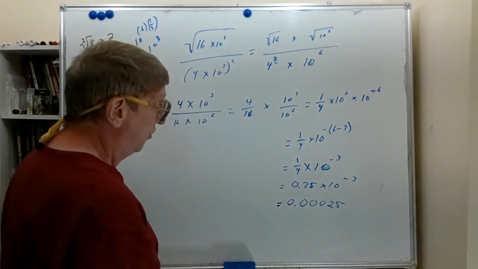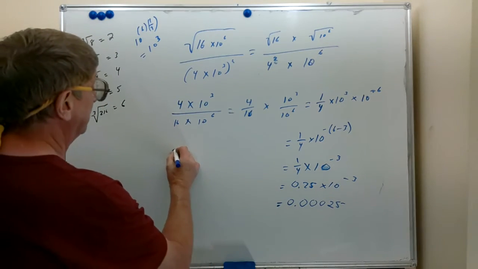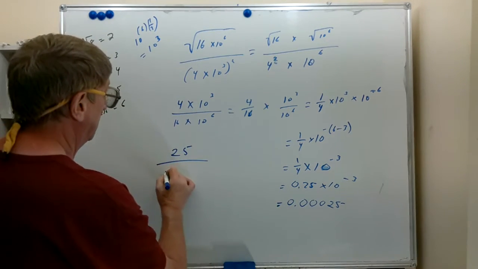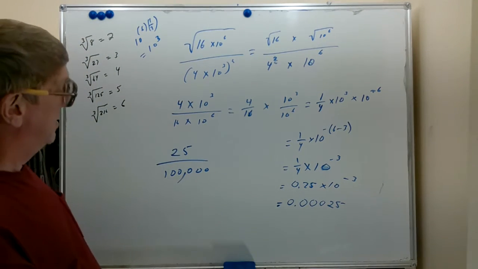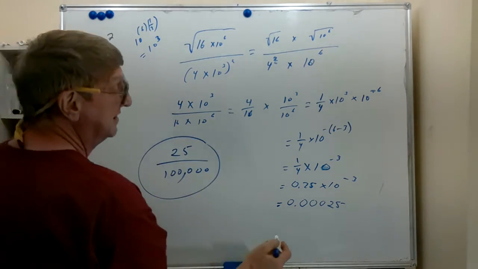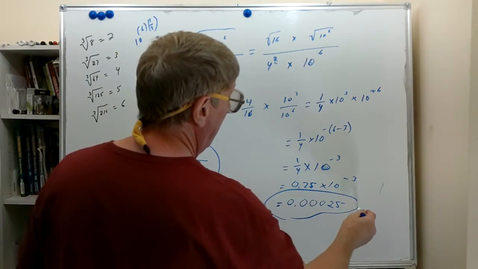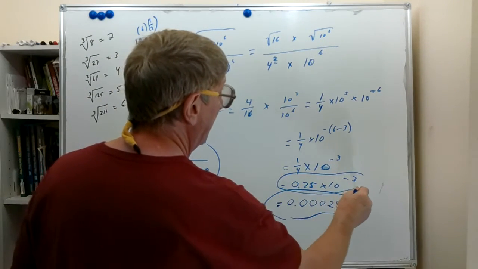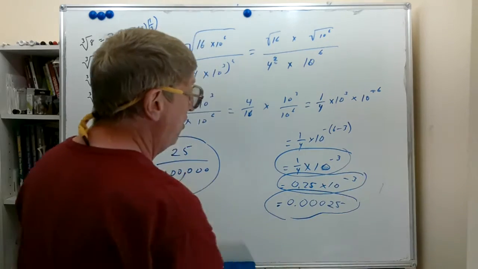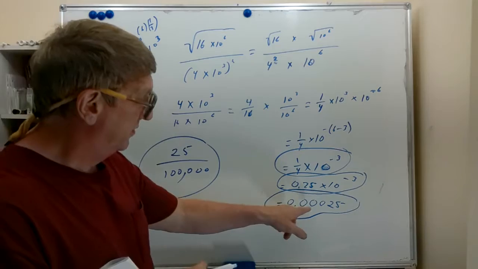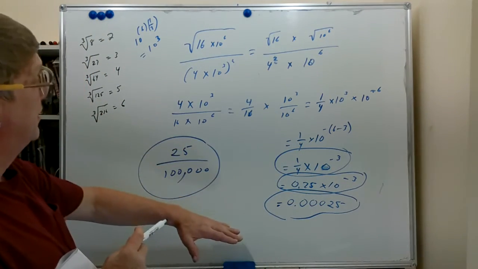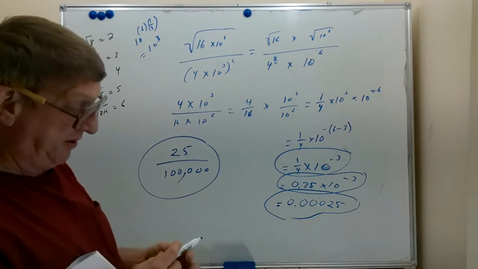Yeah. Or we could rewrite that this way if we wanted to, 25 over 1,000,000. So all of these are equivalent ways of writing the same number, which we got from this fancy expression here.